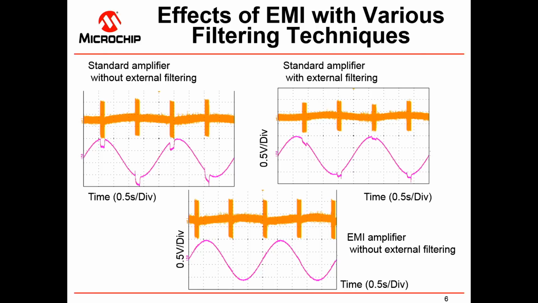The scale here is half a volt per division, so it jumps roughly half a volt every time an RF pulse occurs. It shows up as this offset shift.